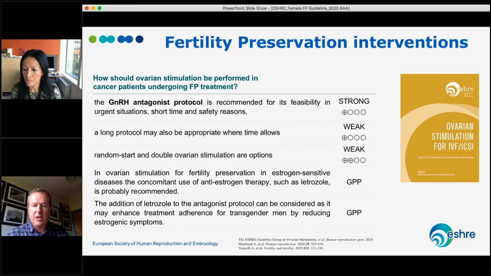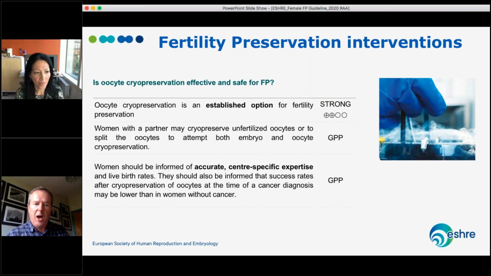For ovarian stimulation in breast cancer, or indeed in transgender men, we recognize the value of anti-estrogen treatments such as letrozole, aromatase inhibitors, in both those situations, but without really very robust evidence for their benefits, and therefore they're good practice points. So oocyte cryopreservation, we concluded, is an established option, with strong evidence for this, an option for women either single or in a partnership, or you could, of course, split the oocytes between fertilization and not.